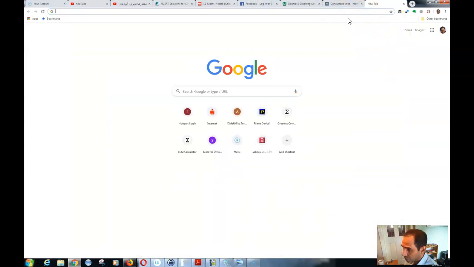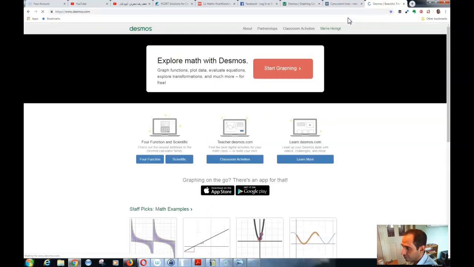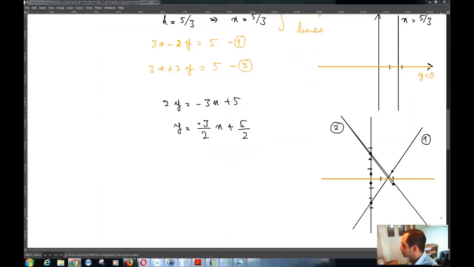If you go to, for example, desmos.com and graph these two functions, I write 3x minus 2y is equal to 5, and also 3x plus 2y is equal to 5.